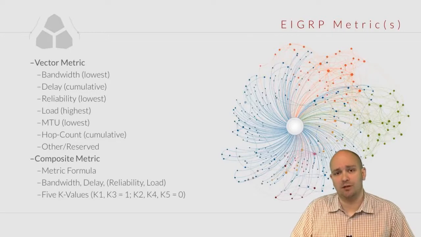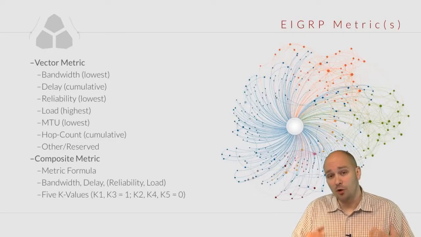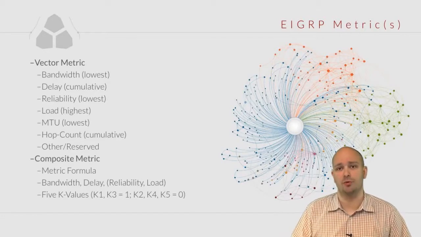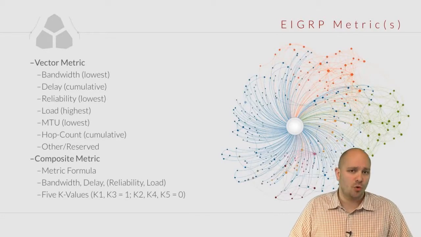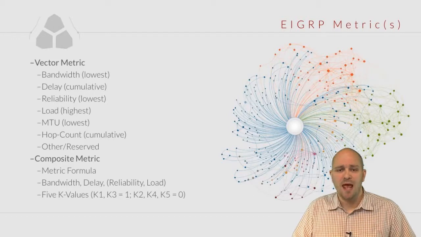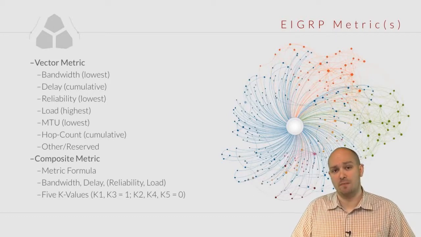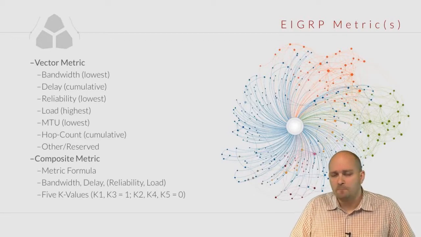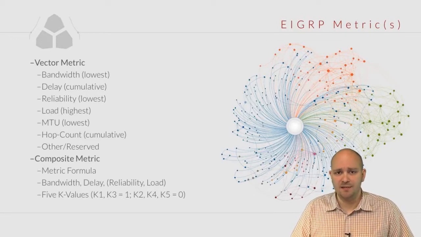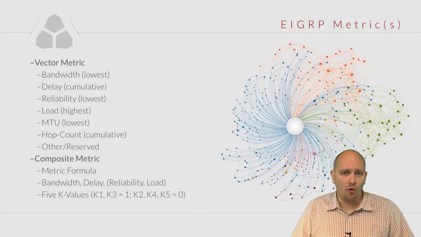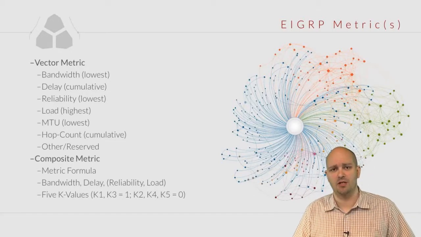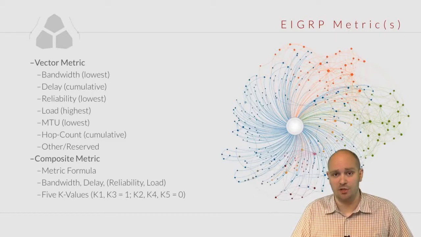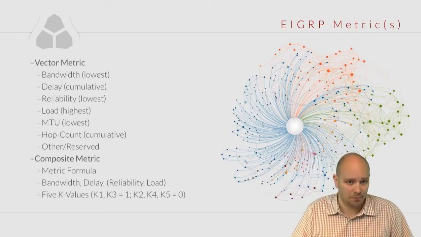The first thing that I would like to mention is that when you look at the output of certain commands that I'm going to show you in IOS, like for example, show ip eigrp topology, you're going to see the mention of this term vector metric. Now, vector metric is simply the list of all metric-related information that is communicated and maintained between the neighbors and in their topology tables.